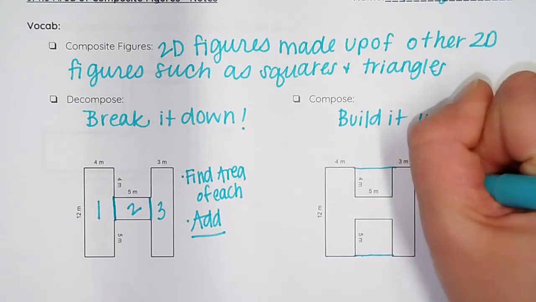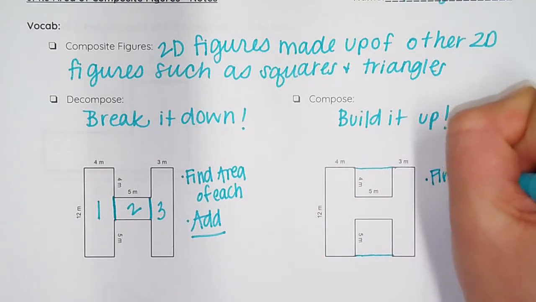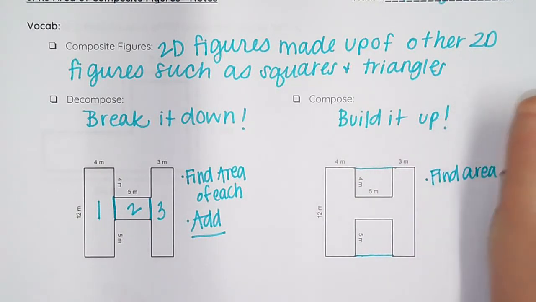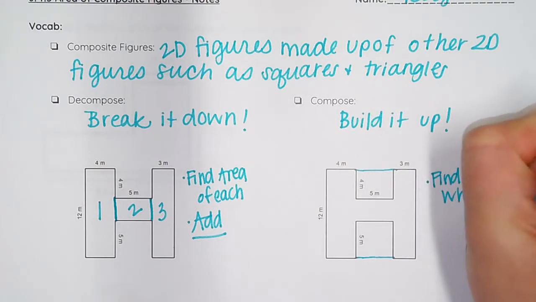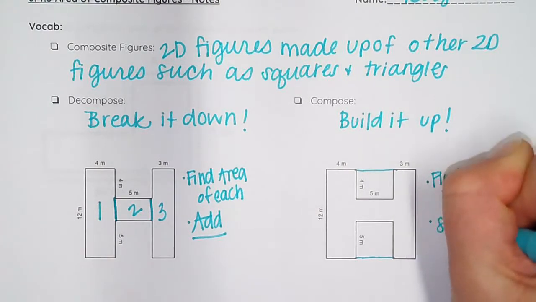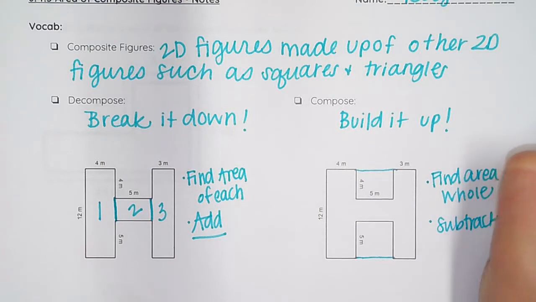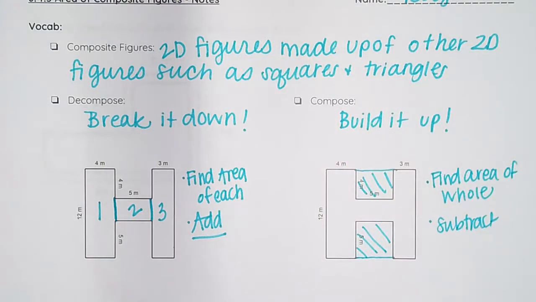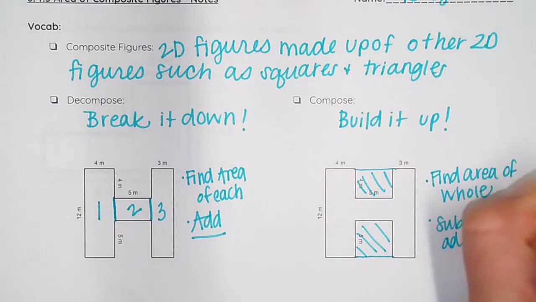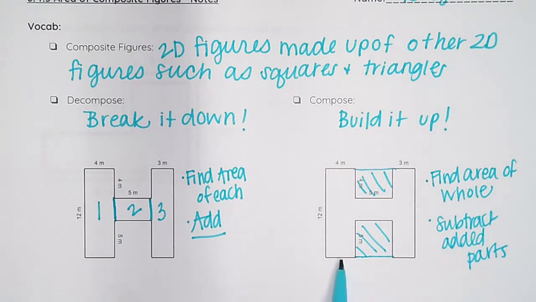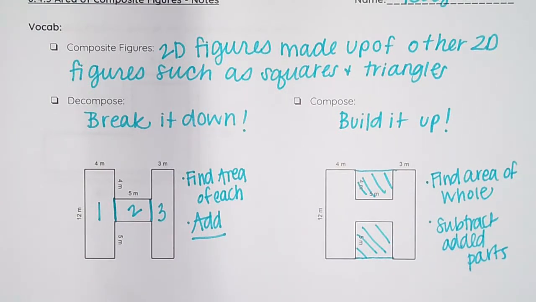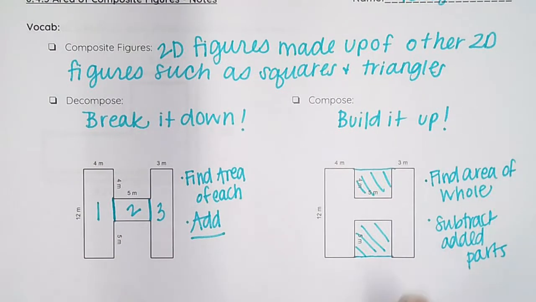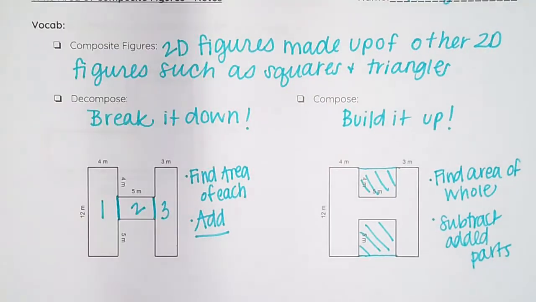So what I would do is find the area of the whole, and then I would subtract the areas of those added on parts. Okay, so to compose means we're going to build it to a shape that we already know the area formula for, and then take away parts.